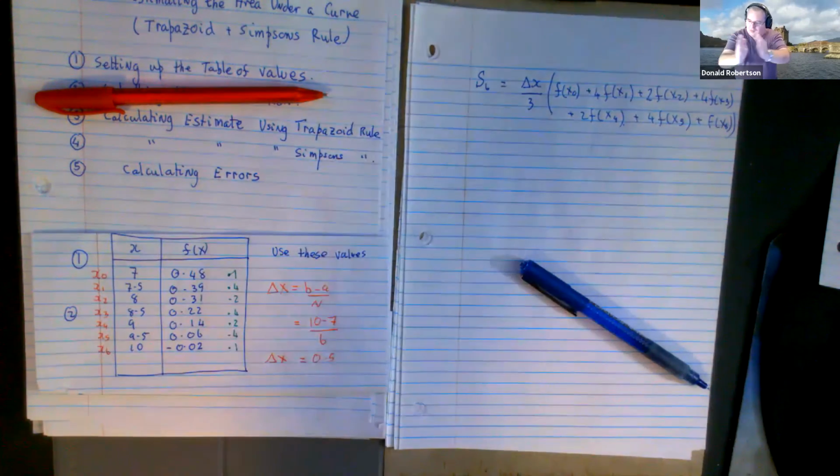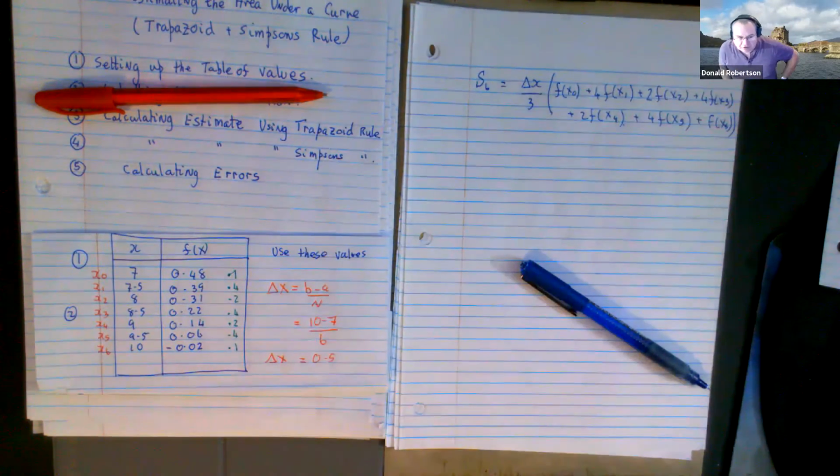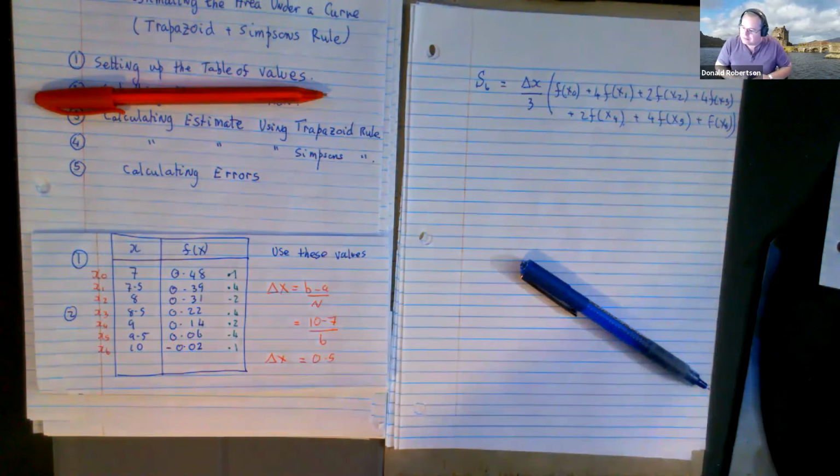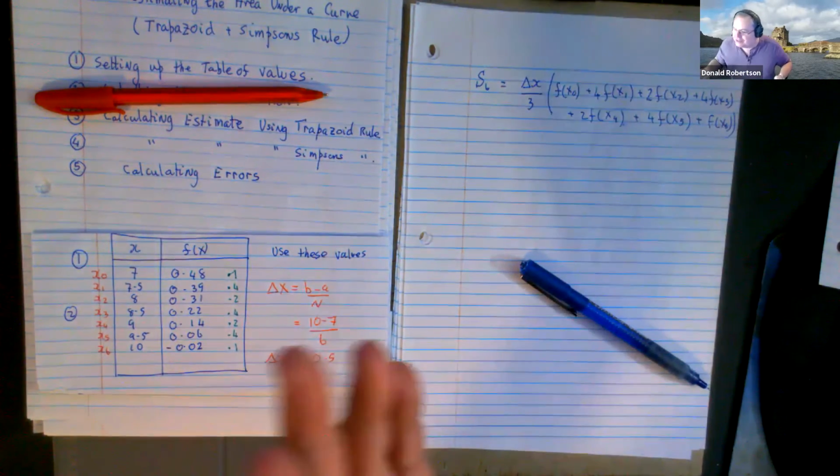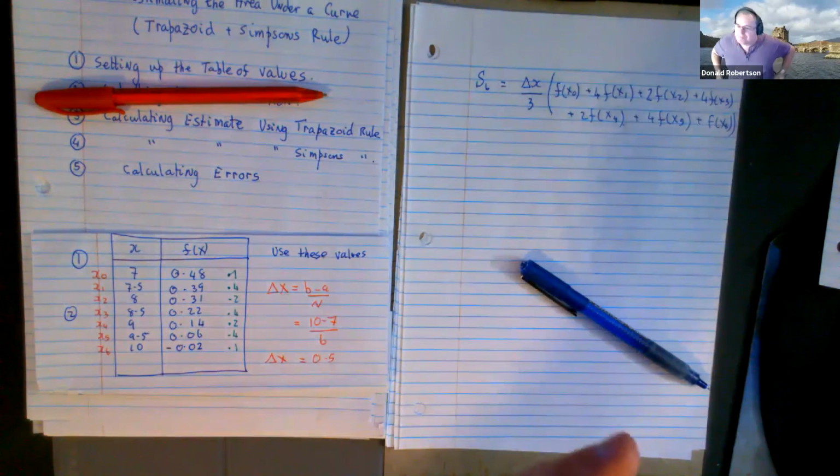Ones, fours, twos, fours. That means you can only do Simpson's rule with 6 or 8 or 10 strips. Simpson's rule doesn't work with 13 strips. The pattern doesn't fit. Nobody's going to ask you to do it with 13 strips anyway, but I just thought I'd tell you that you couldn't do it if they did try and ask.